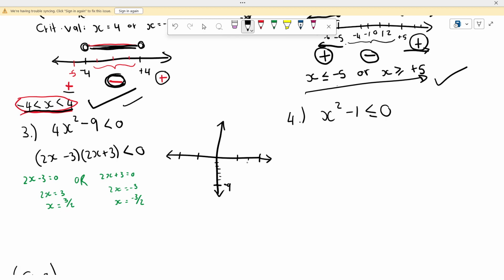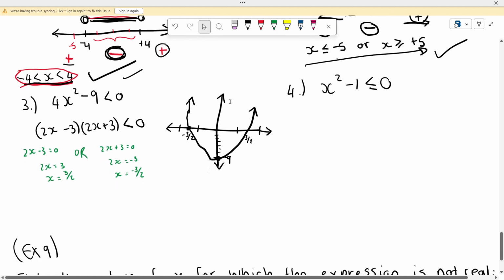Then this will be 3 over 2, which is 1.5. This will be negative 3 over 2. And then our parabola is going to look something like this. So it's going to cross at negative 3 over 2 and 3 over 2, and your y-intercept will be negative 9.